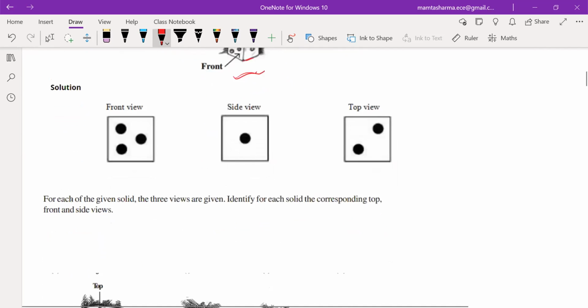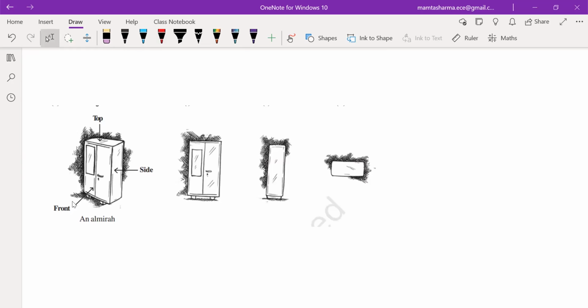Yes, ma'am. Okay. Now see, take one more example, an almirah. The 3D shape, a 3D cuboid. This is the shape of a cuboid. Now we will see from the front. You can see the front door. From the side, this is the side view. This is the side of the almirah, the rectangle.